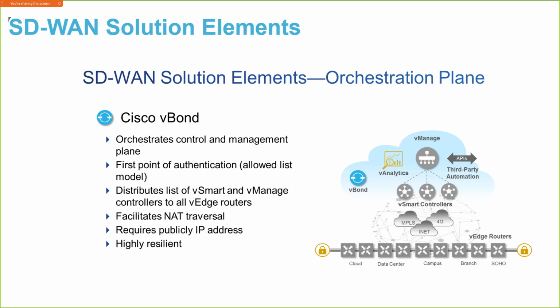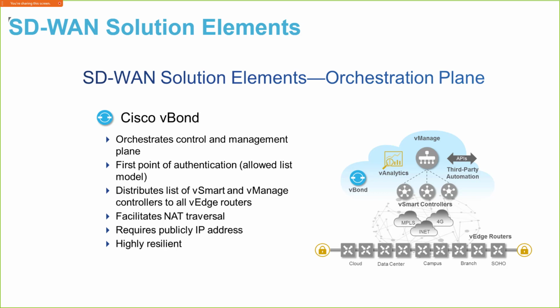But where do these pieces sit in the overall architecture? The vManage NMS, that's the management plane. The vSmart controller is the control plane. The vBond orchestrator, which is that daemon that's integrated into the platform, is going to be your orchestration plane, which is what you're seeing depicted here. And the vEdge router is going to be your data plane.